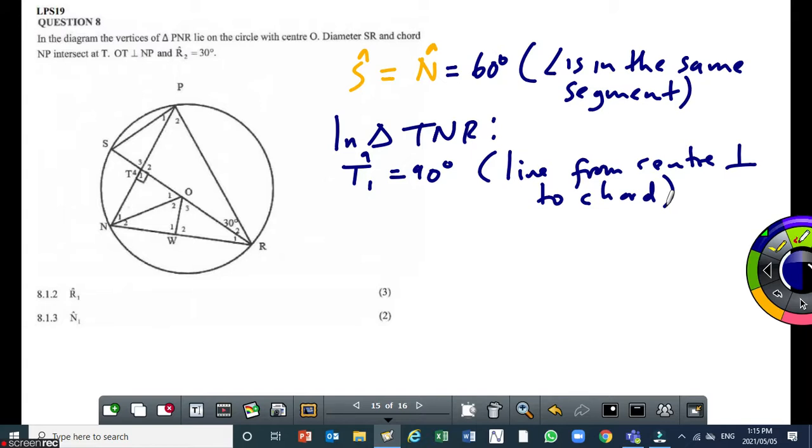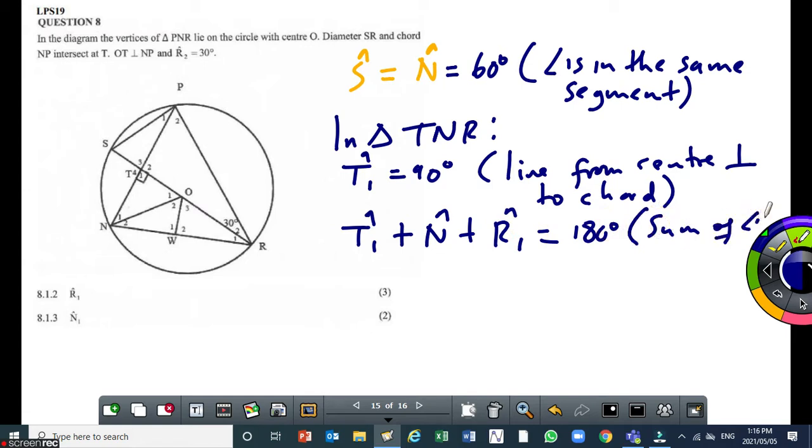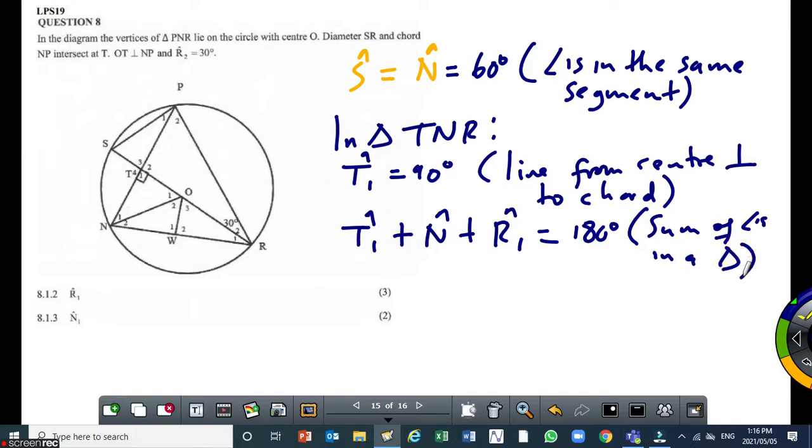So the next thing now is to say T1 plus angle N plus angle R1 is equal to 180 degrees. And the reason, sum of angles in a triangle. Alright? Then my T1 is 90, my angle N is equal to 60 degrees plus R1.